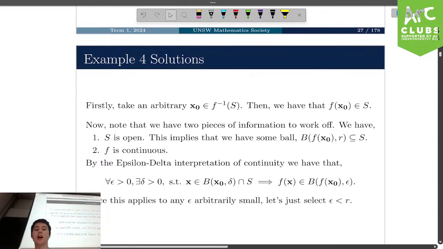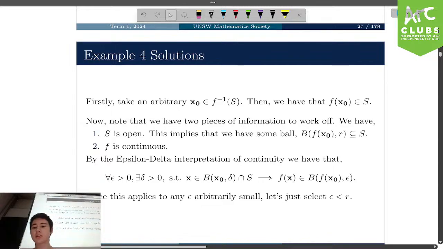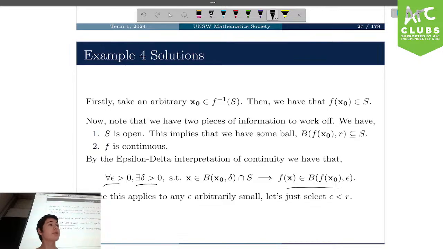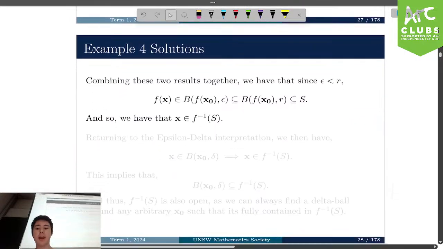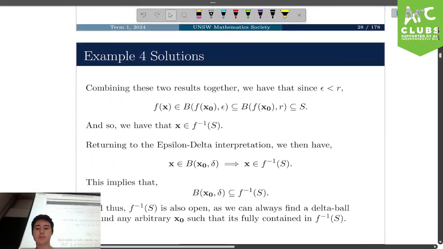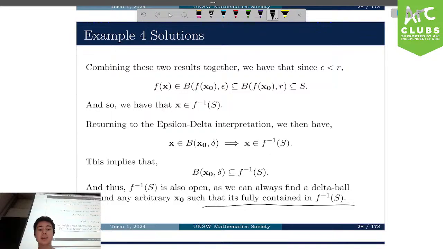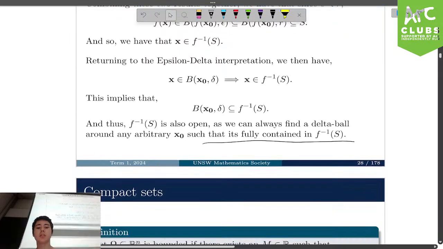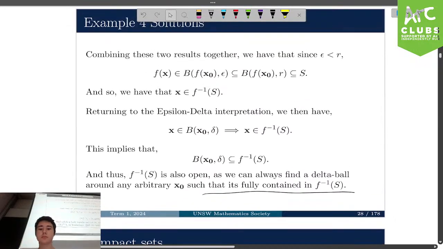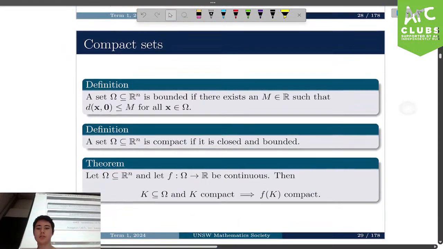Through some very delicate work over here, we can compute certain limits which form very solid, rigorous proving statements which determine that we have a delta ball that exists entirely within our preimage. And so, it is also open. Fantastic. All right.